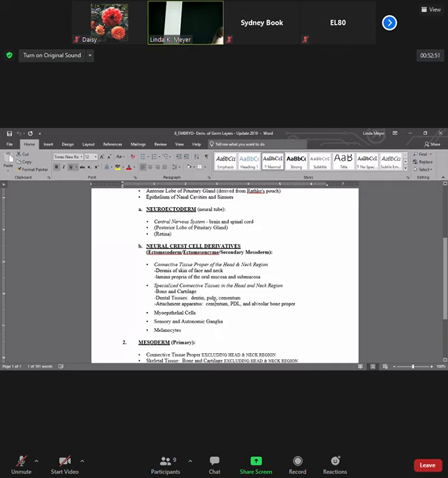So the mandible, the maxilla, all of the connective tissue proper, lamina propria, submucosa. You kind of just think in those groups, that'll help you remember it.